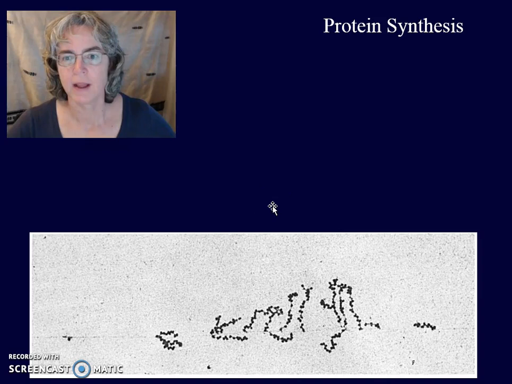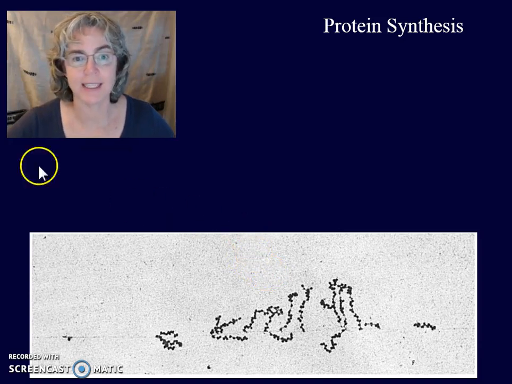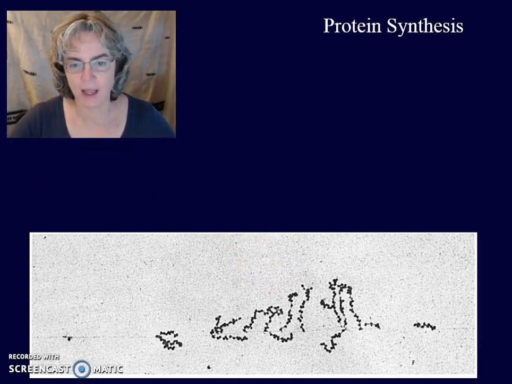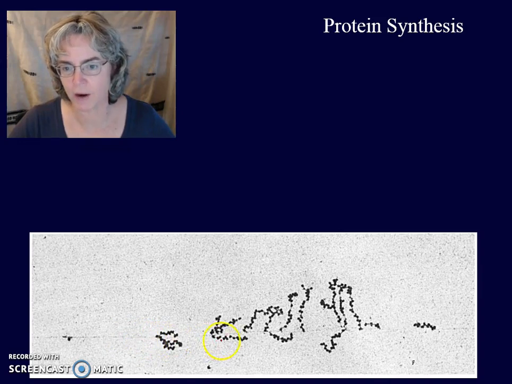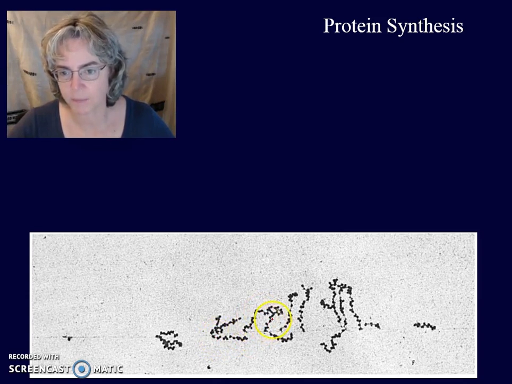It's pretty cool. So this is an electron micrograph of a DNA molecule right here, and coming off of it there are these strands right here.